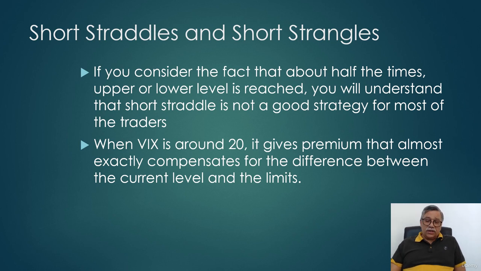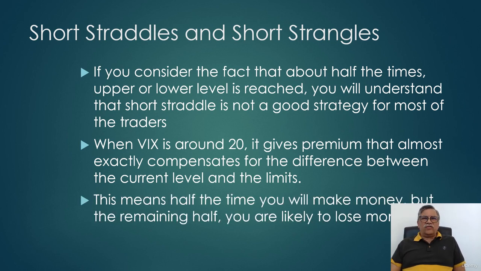Strangle always works better than straddle in Nifty. Half the time you will make money, the remaining half you are likely to lose money. Probability of loss looks like 50-50, but in reality you will find it doesn't usually cross the limits by a very wide margin.